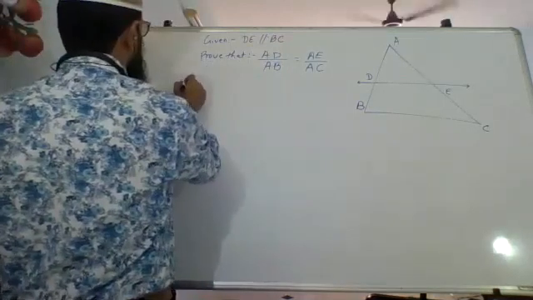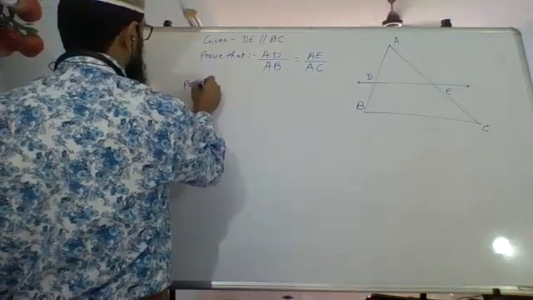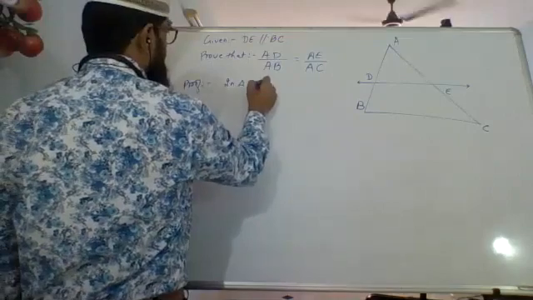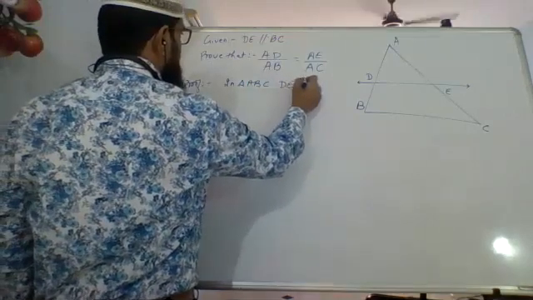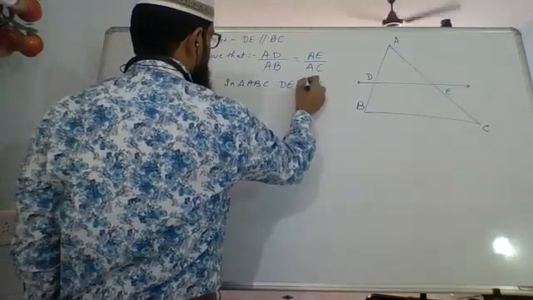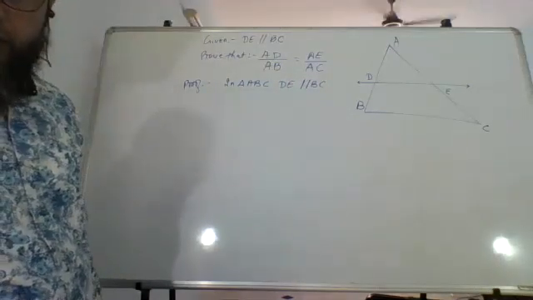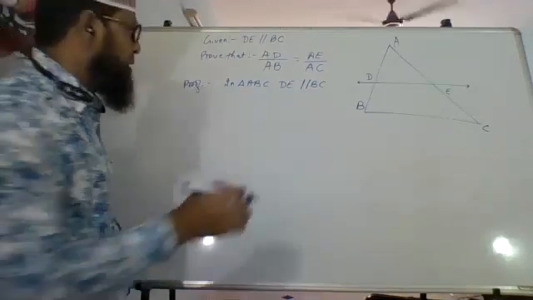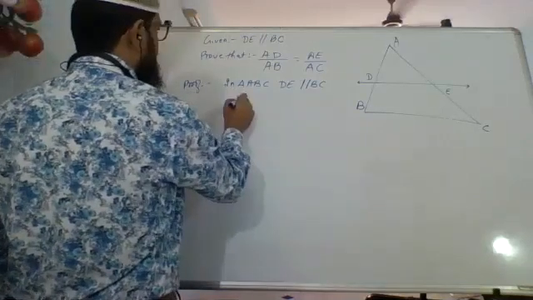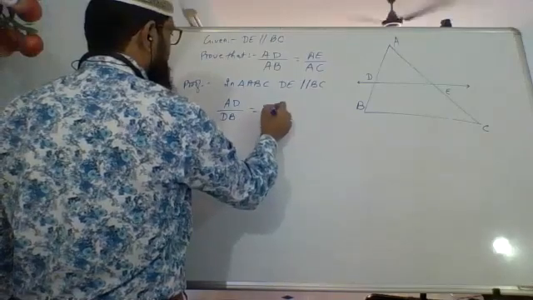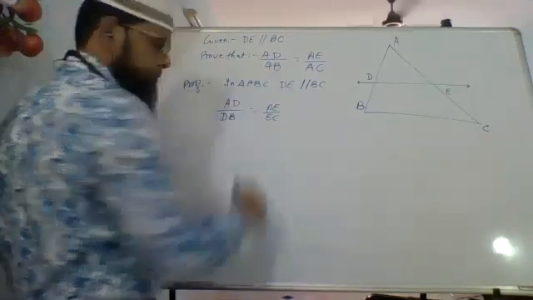So we'll say proof or solution. In triangle ABC, DE is parallel to BC. Okay, so if the side is parallel, we get AD upon DB equals AE upon EC.